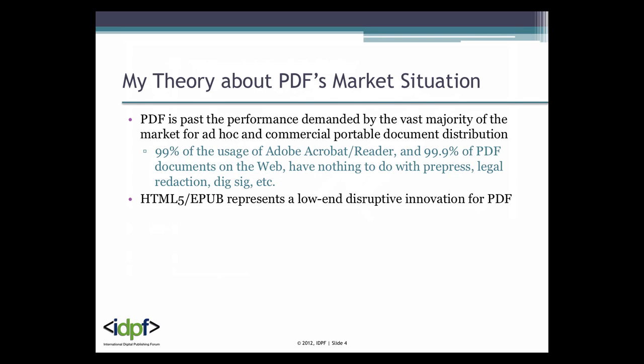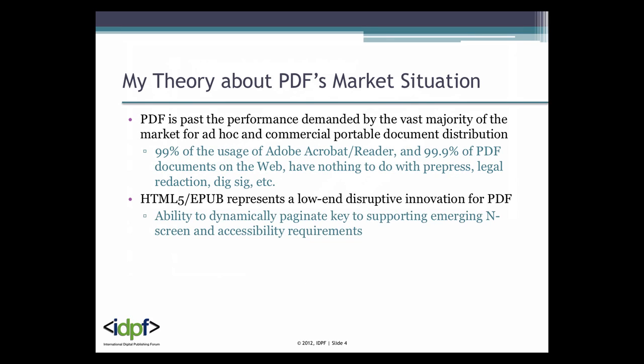My belief is that 99% of the usage of Acrobat Reader and 99.9% of the PDF documents on the web have nothing to do with the very high-end workflows. Leonard mentioned, for example, that there's over 10,000 PDF documents digitally signed a month, or tens of thousands, but there's probably tens of millions created a month. So if you do the percentages, those digital signatures are a tiny fraction of a percent.